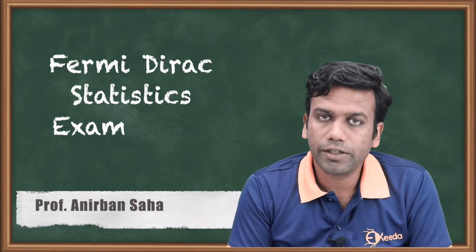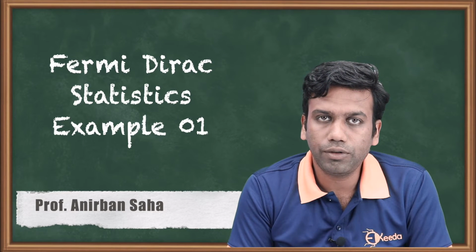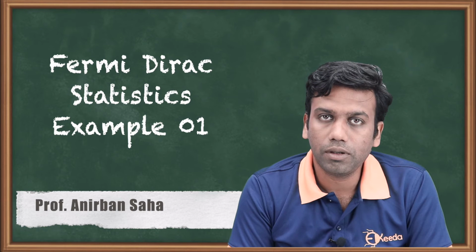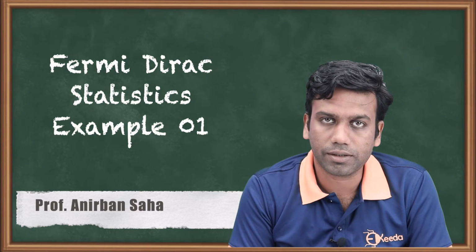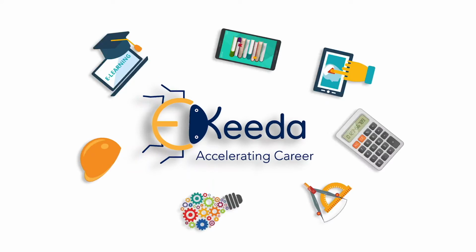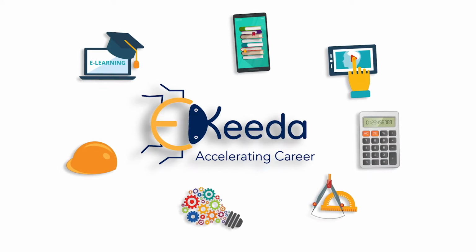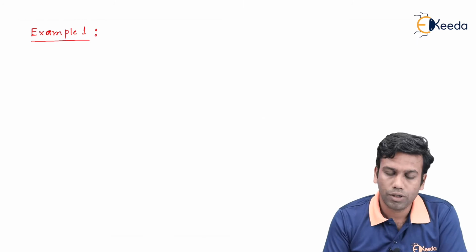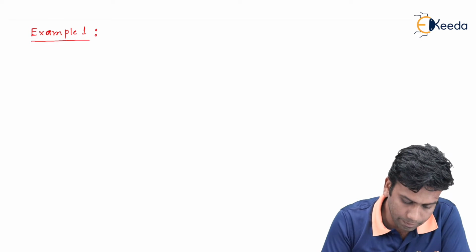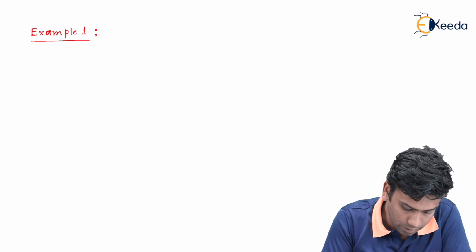Hello friends, in this video we are going to discuss an example on the Fermi-Dirac statistics. So the example looks like this.